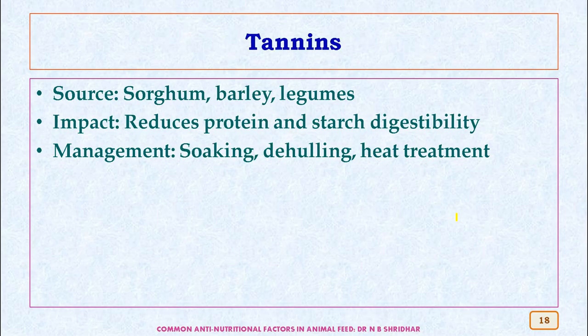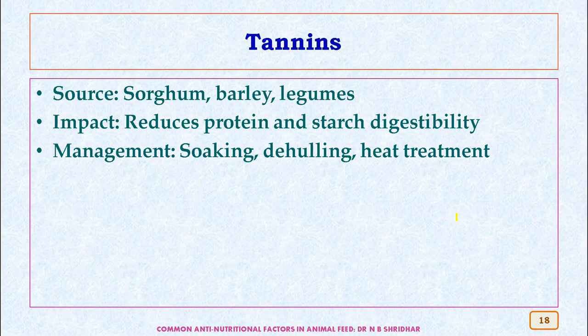So the next one is the tannins. How do we get rid of the tannins, which are highly anti-nutritional in nature? They reduce protein and the digestibility of a feed. Then management practice is another important thing to get rid of the tannins.